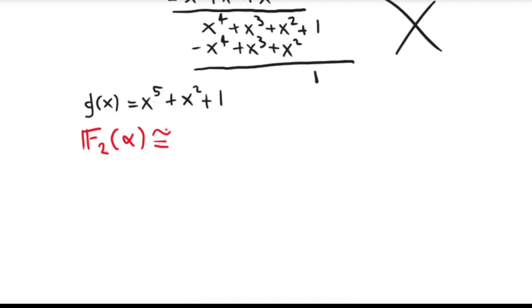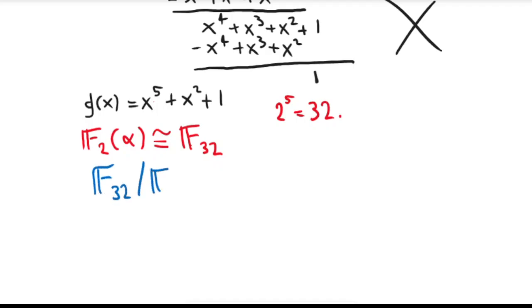So we get a degree 5 extension of F2, and because finite fields are unique up to isomorphism, that has to be F32, because 2 to the 5th is 32. So we've adjoined one root, and we've gotten a finite extension of a finite field. So the extension F32 over F2 is finite.